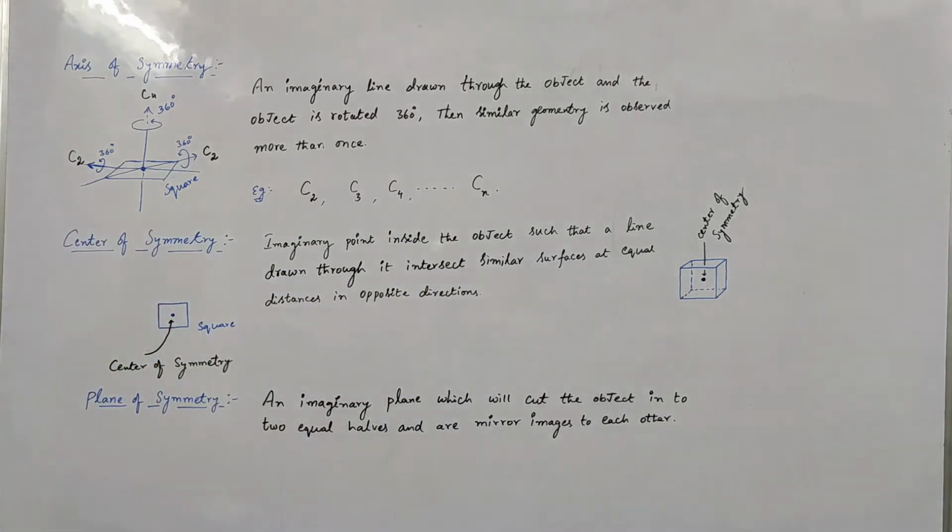We have to take an imaginary plane which cuts the object into two equal halves, and both halves are mirror images to each other. Right? Then we call it a plane of symmetry.